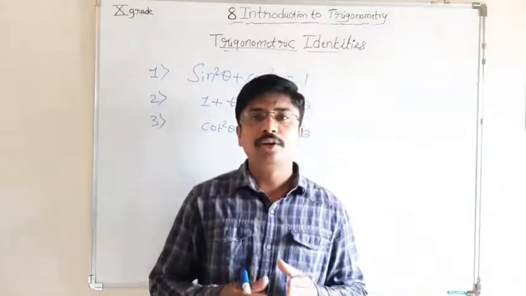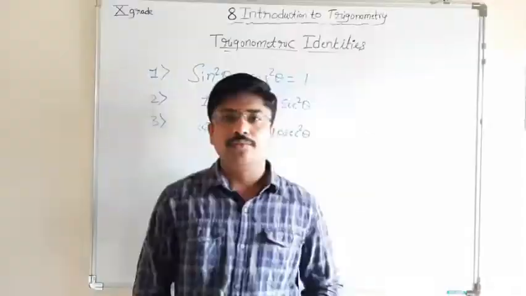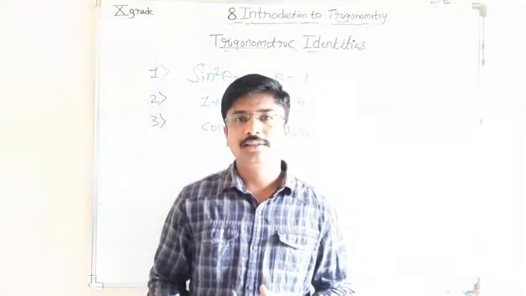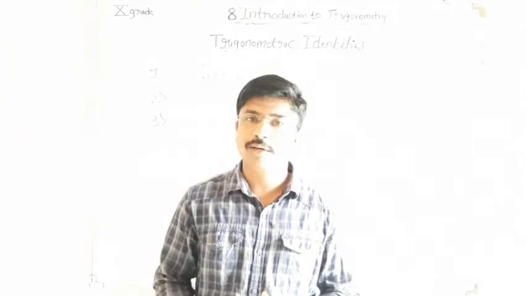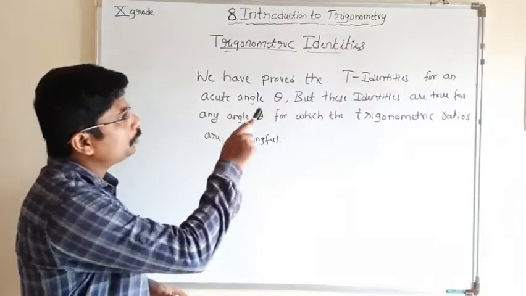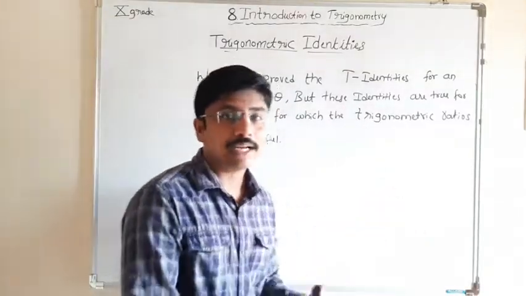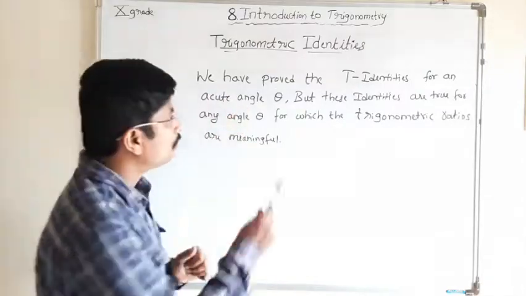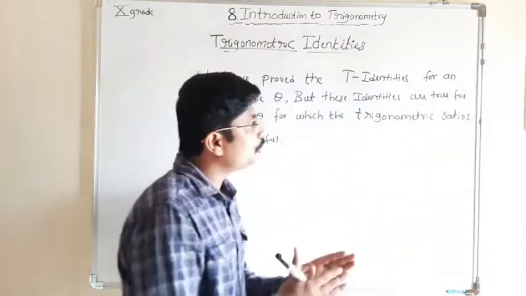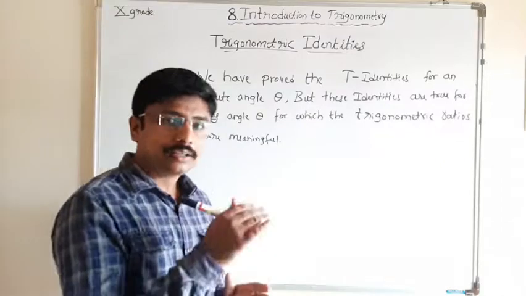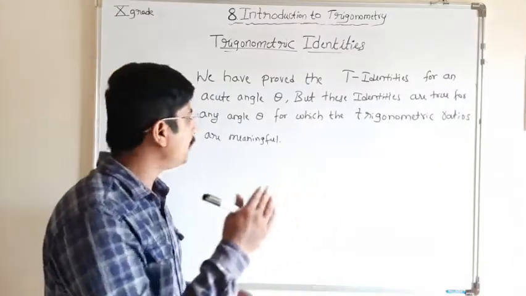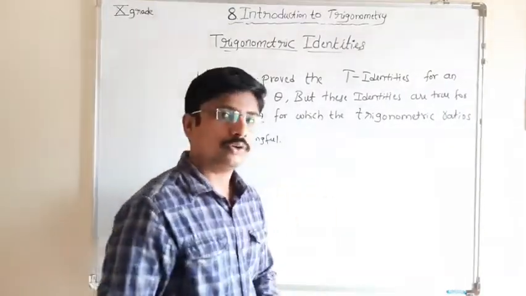If any one of the ratios is known, we can also determine the values of the other trigonometric ratios. We have proved the trigonometric identities for an acute angle theta, but these identities are true for any angle theta for which the trigonometric ratios are meaningful, okay dear students.